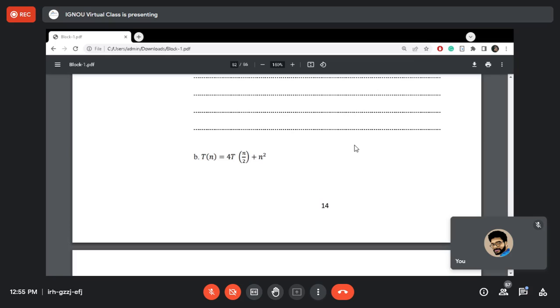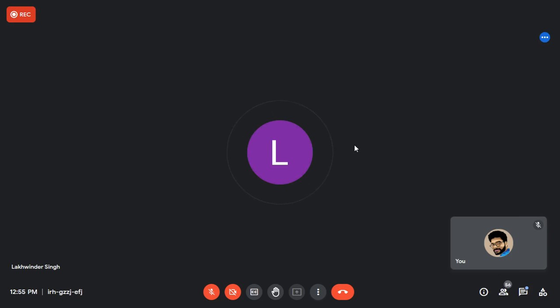Any other answer? Would anyone like to explain? So A is equal to 4, B is equal to 2, and Fn is equal to n square.